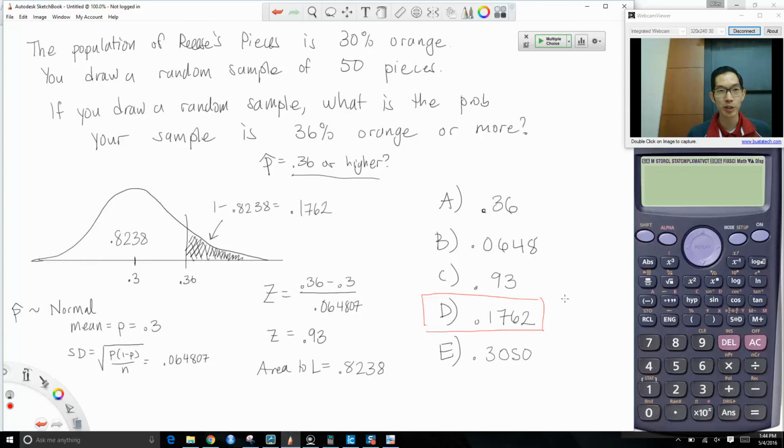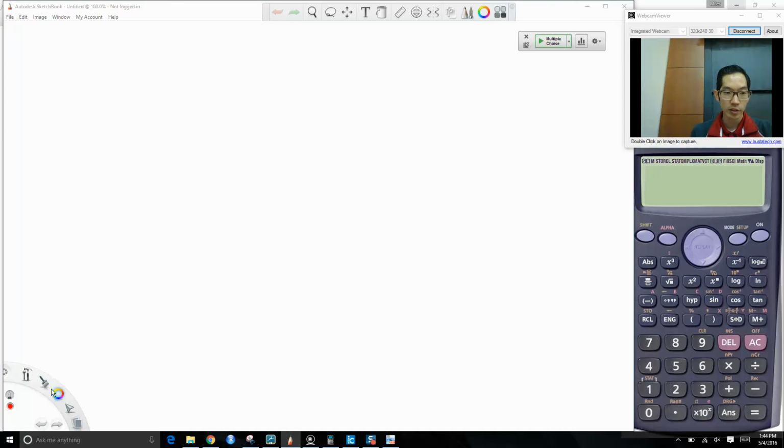And this will probably be it for the time that we have today. Okay, so, it doesn't have to be pieces of candy. It could be something like, all right, so we'll say in the population, let's say 14% of people are left-handed.